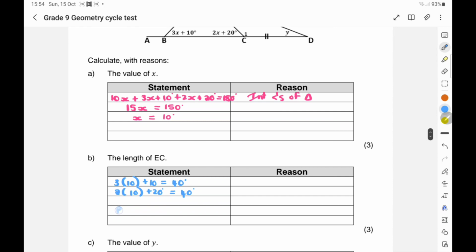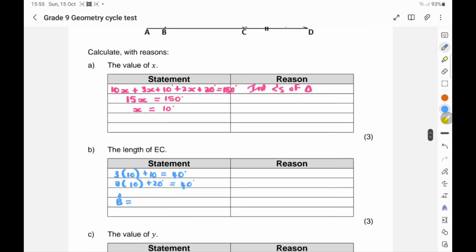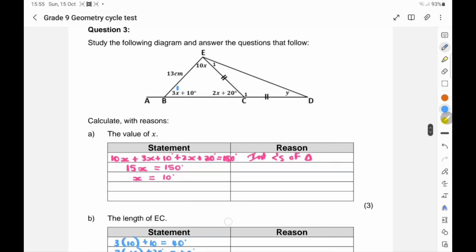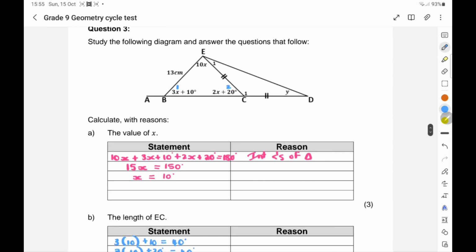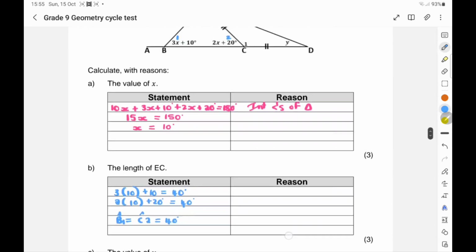So angle B, and we can call it B1 over there, just to make sure they know which one we refer to, is equal to C2, which is equal to 40 degrees.